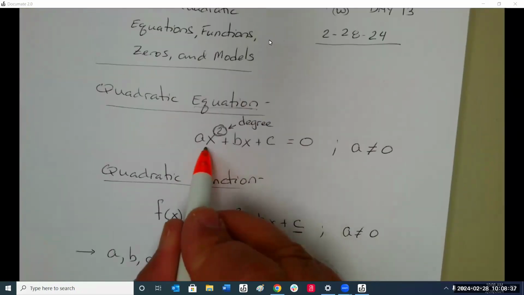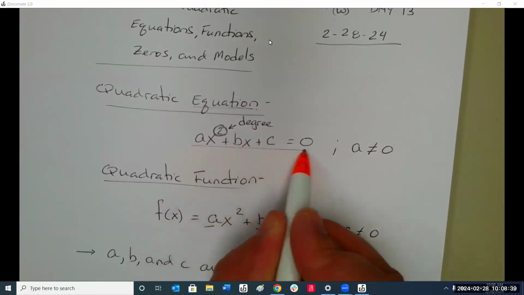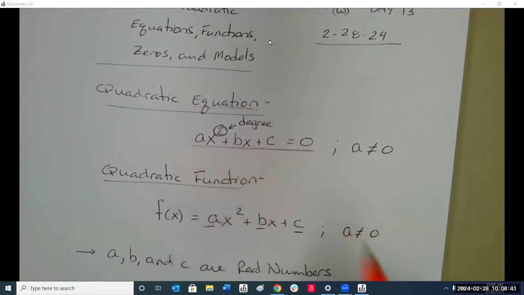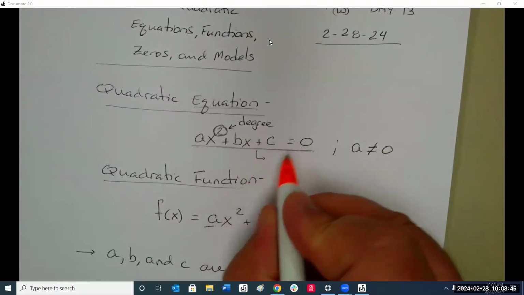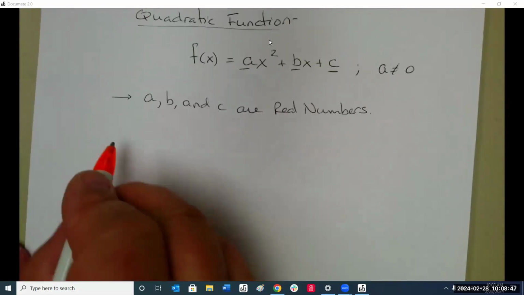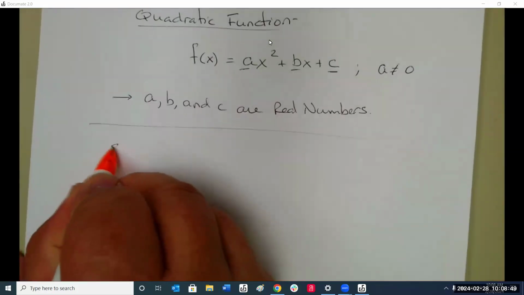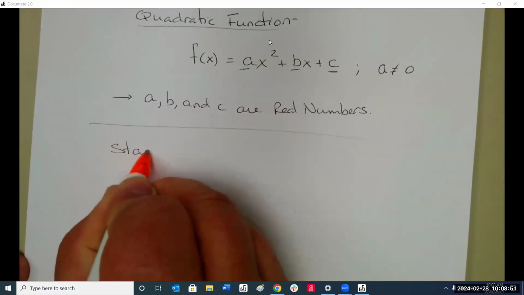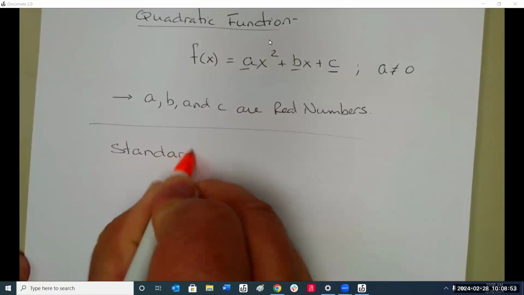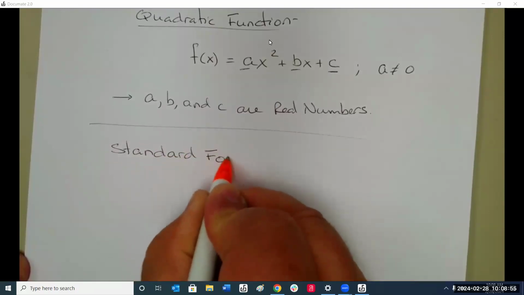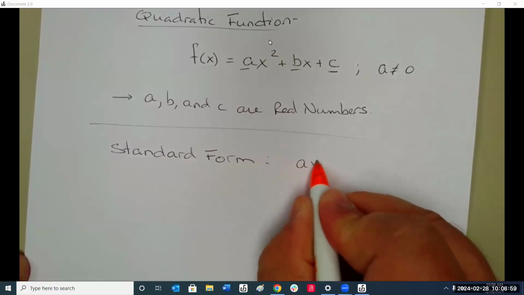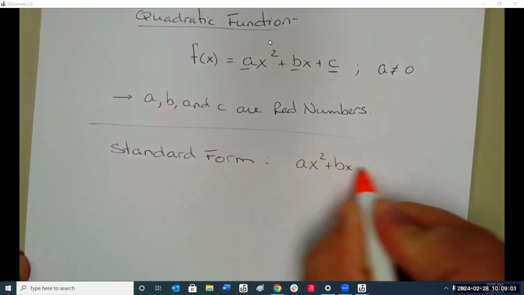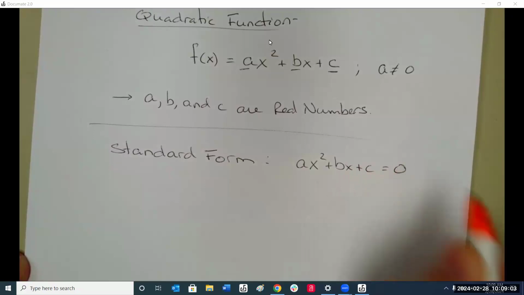Now, if it's written in this way, the standard form of a quadratic equation is ax squared plus bx plus c equals 0.